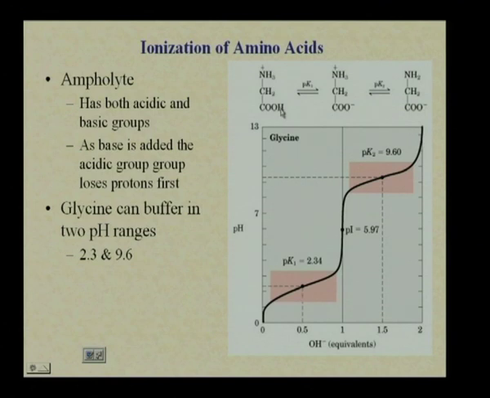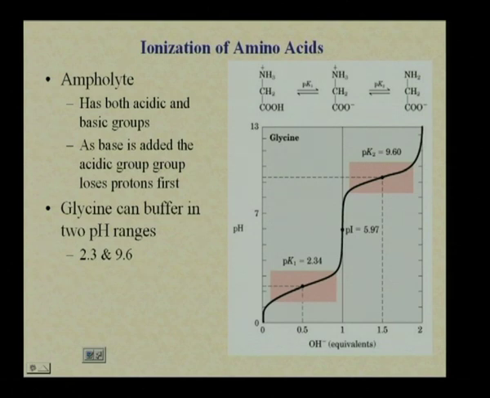Now, I want you to understand this very clearly, because you have to remember that as soon as you start OH minus addition, this H plus starts getting abstracted. Clear? So, as soon as I start, the first drop of OH minus does not bring me to the pKa, but it starts abstracting H plus.